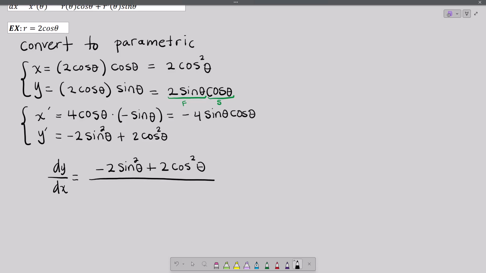And put the x's in the denominator. That is dy dx as a function of theta.